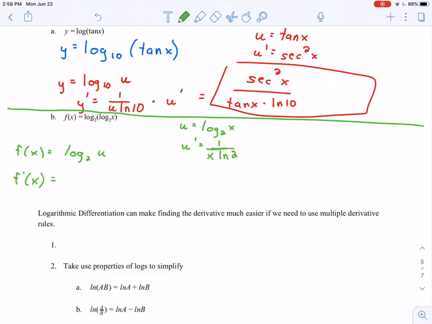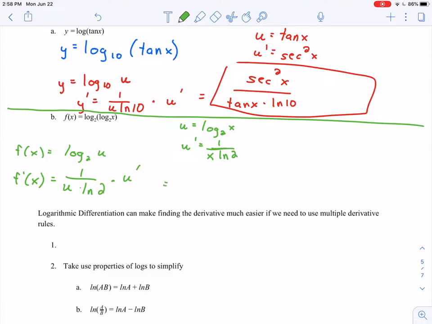It's going to be 1 over u times natural log of whatever our base was. Our base in this problem is 2. So times natural log of 2. And then because we're using the chain rule, we need to remember to multiply by the derivative of that inside part. So the derivative of u, which we're just calling u prime for right now.